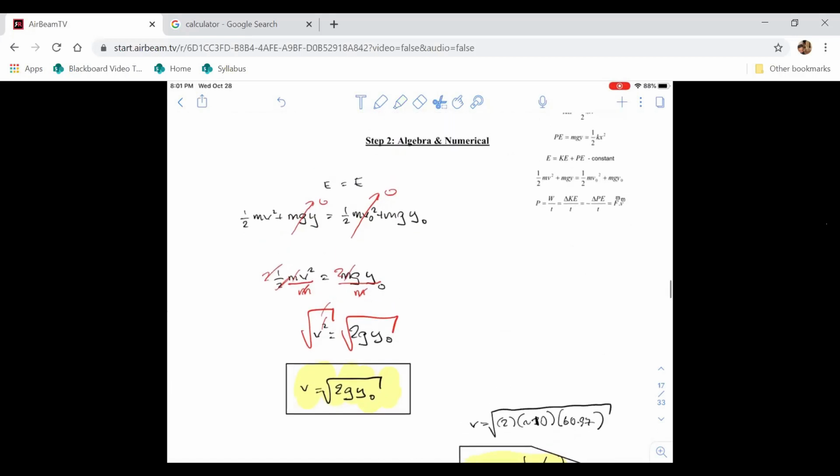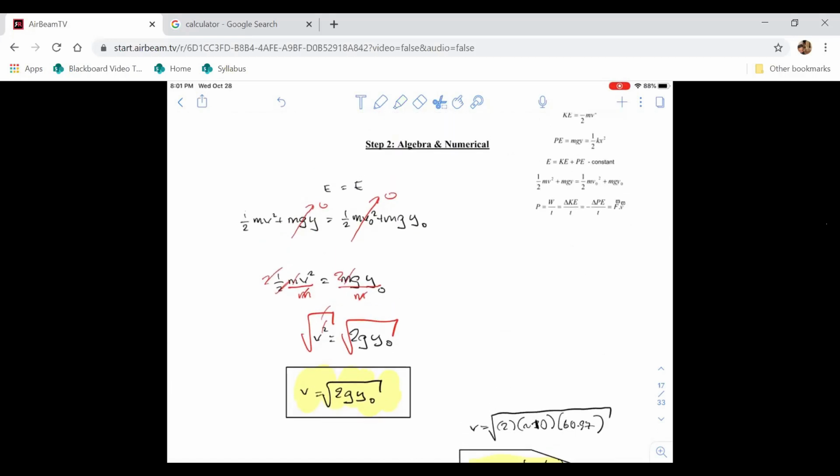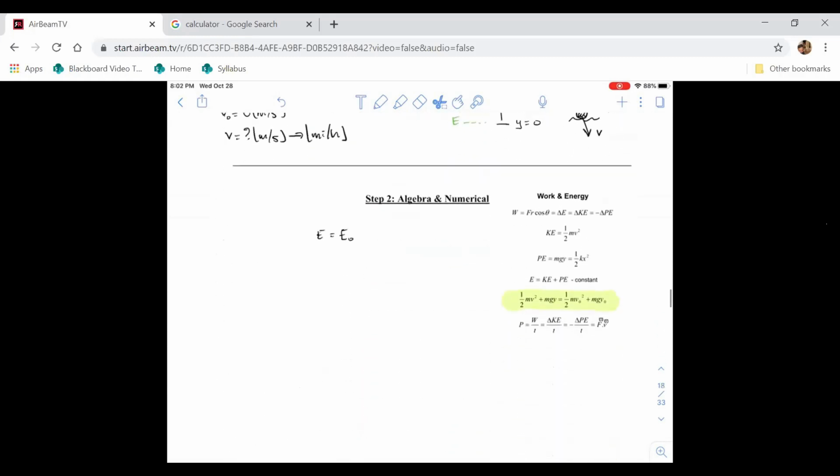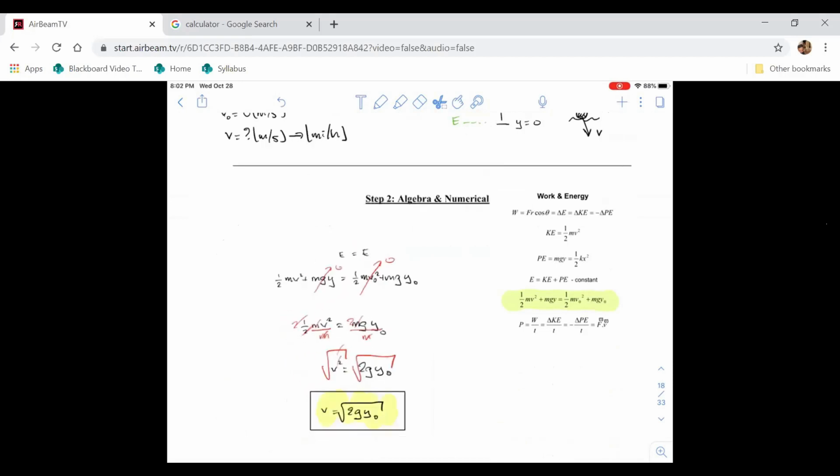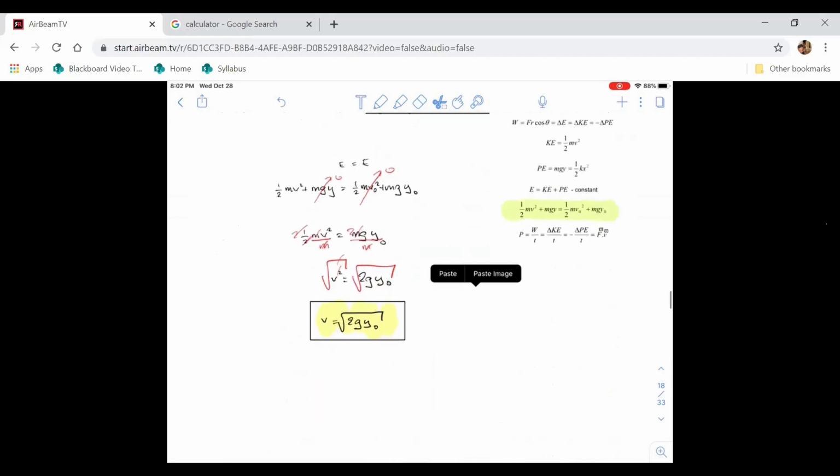Let me check to see if I can use this. Algebra is going to be the same as before. It's the same exact algebra. All right, so algebra is 100% identical.